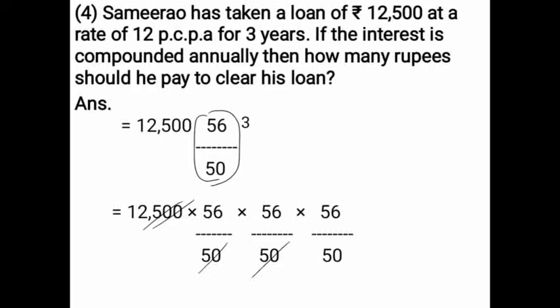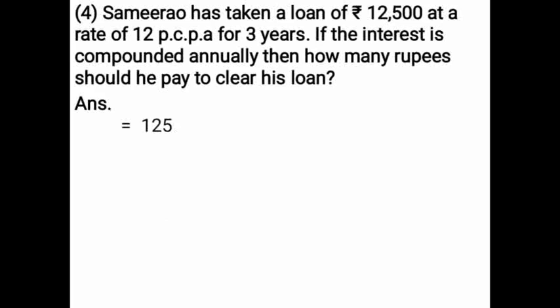First numerator you have to write multiplication form now. 125 into 56 into 56 into 56 upon 5 into 5 into 50. How much? 1250.